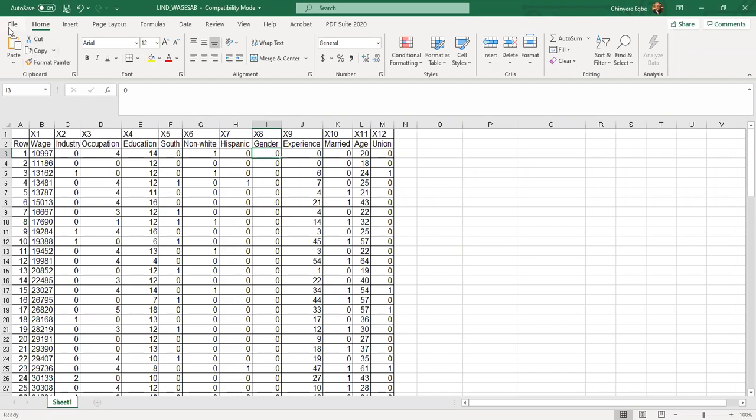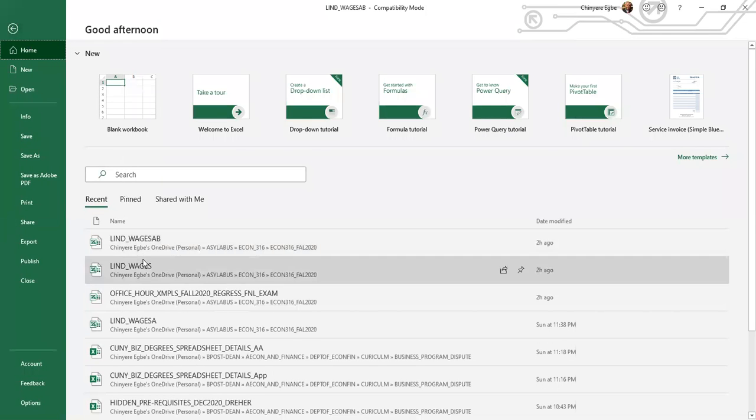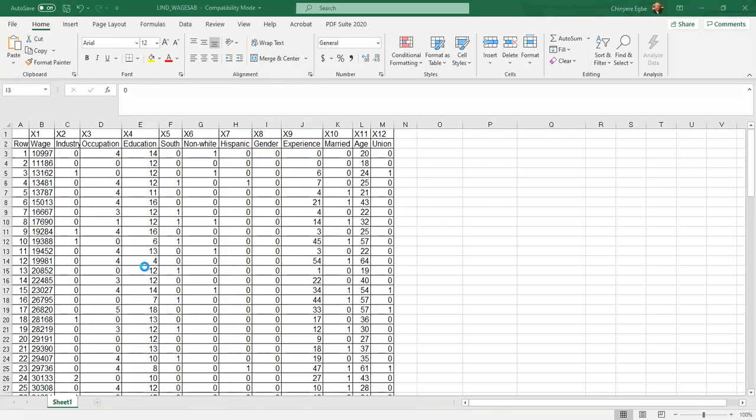I changed that to gender. As you can see, the variable gender has zeros. Are you seeing that? Yes, zeros on the gender.